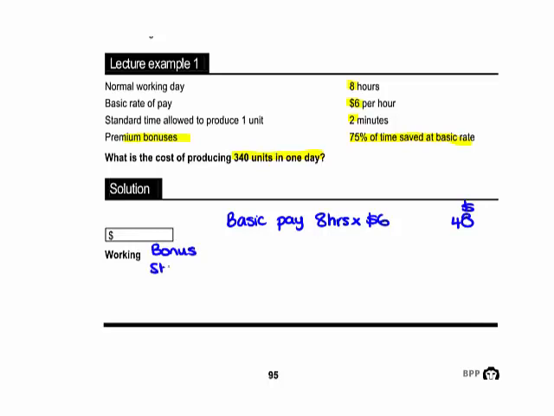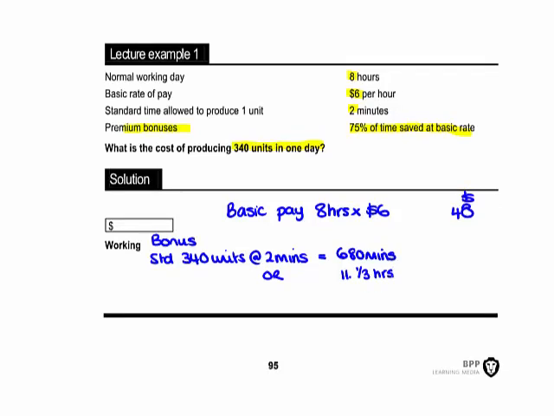So the standard time for 340 units at 2 minutes each is 680 minutes, or how many hours, divide that by 60, and that gives us 11 1/3 hours. So 11 hours and 20 minutes.